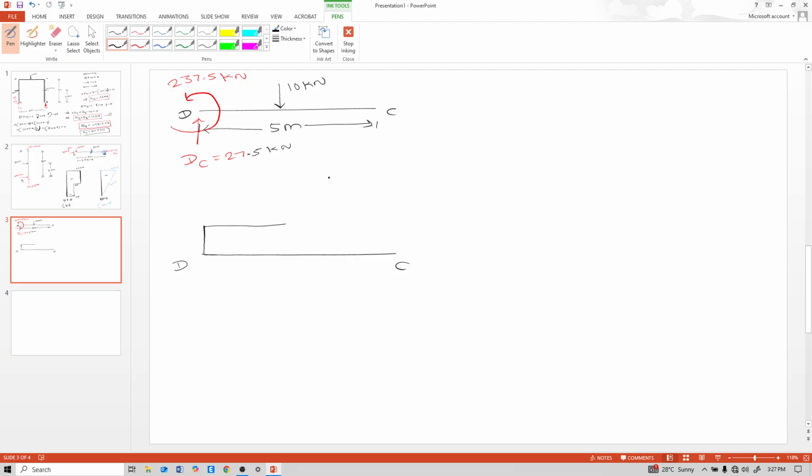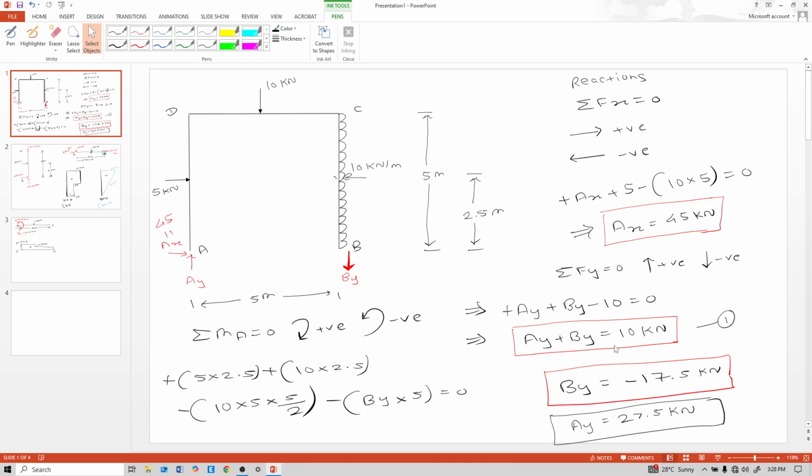So positive 27.5 minus 10, it is 17.5 kilonewton. So 27.5 kilonewton here, 17.5 kilonewton positive, and here 0. See, By is minus 17.5 kilonewton.